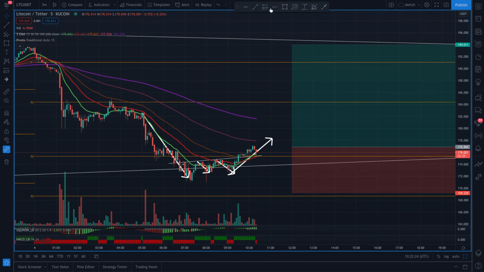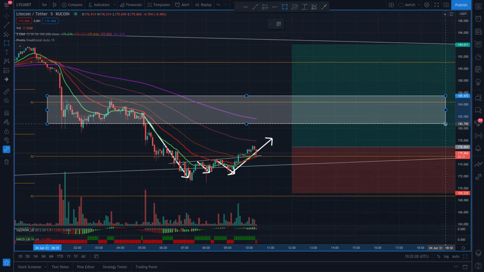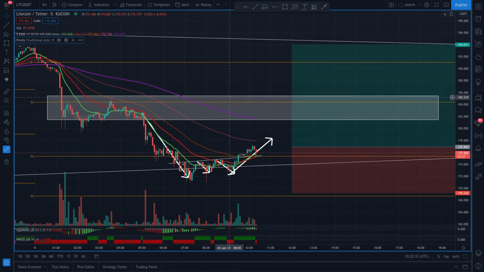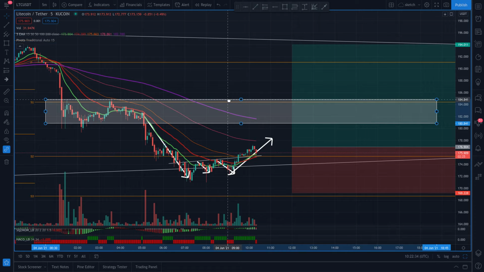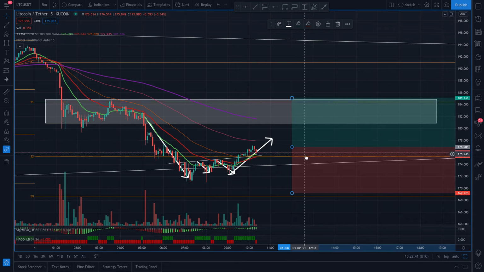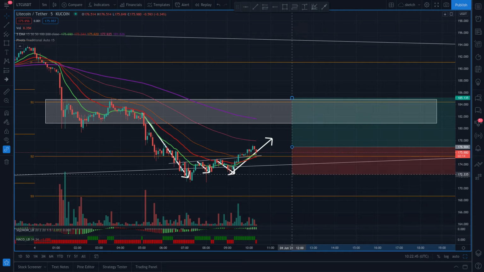If you want to be even safer, even more short term, as you can see, right here is a consolidation point. You can take profit here. Set a stop loss here.